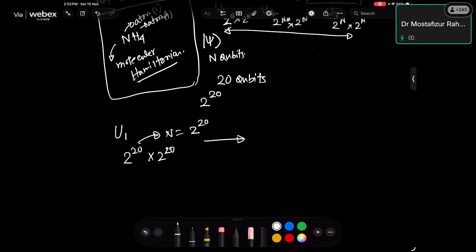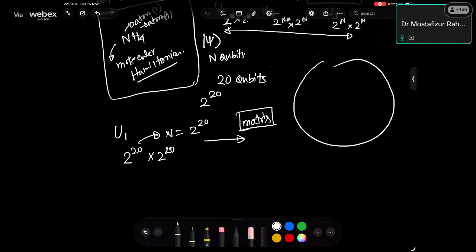And suppose you do matrix multiplication classically. Then the classical complexity says the matrix multiplication is needed just to multiply two quantum operations. Suppose this is your Bloch sphere, where your qubits basically reside. Suppose this is your quantum information, psi, and there are 2 to the power 20 computational basis states to represent that, and their combinations.